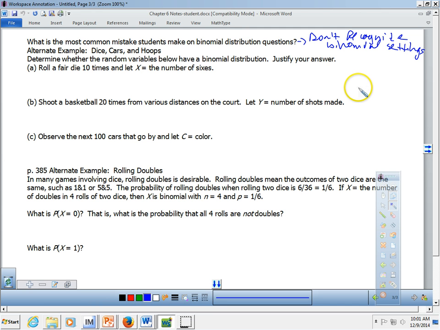Okay? And so it's important to start getting into the habit of checking those conditions: binary, independent, number of trials, are they set? And is the probability of success the same for all of your trials? Especially if you get to a probability problem that you don't know how to do, or you're not sure how to do. The very first thing I would do is check your binomial conditions.